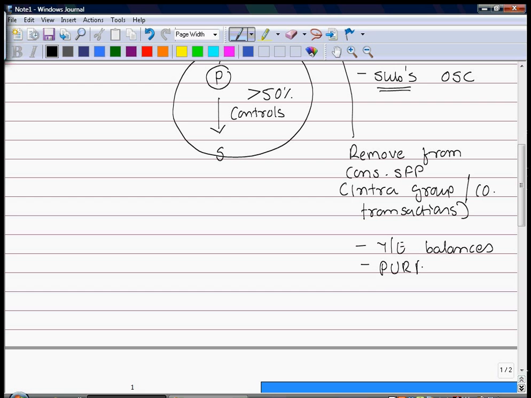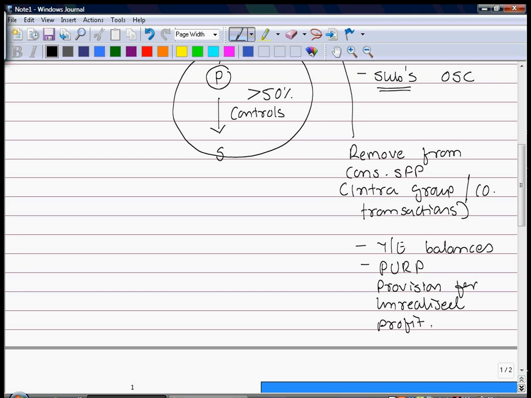Any PURP, provision for unrealized profit. Now what this means is that where the parent or subsidiary has sold goods to another company, which is either parent or subsidiary, and made profit on that, that profit is not realized.